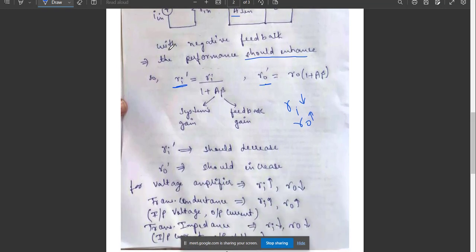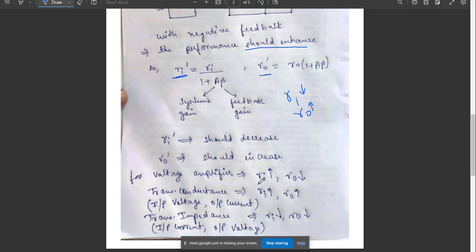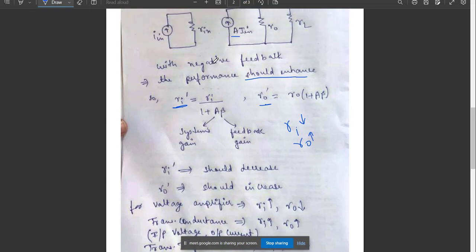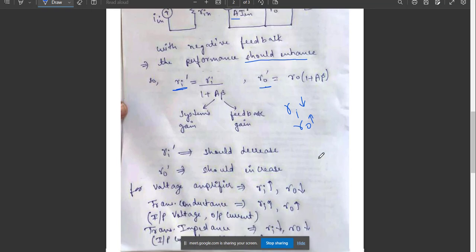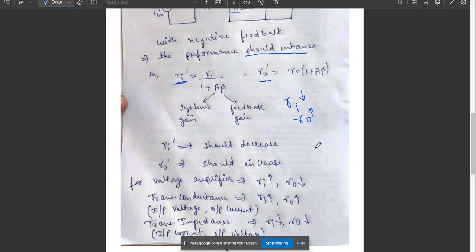For the voltage amplifier, Ri is in series and Ro is also in series. So here we want Ri to be infinity.